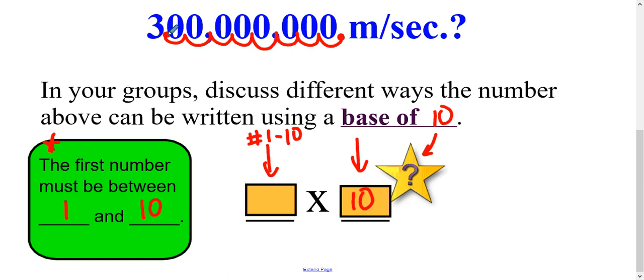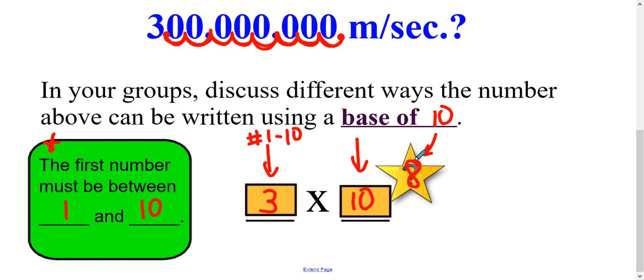And that's 3. You don't put 3.0, just put 3. And then you count the number of spaces that you move that decimal from the end. This is 3, this is 4, this is 5, this is 6, 7, 8. So you put an 8. So 3 times 10 to the 8th power is 300 million.